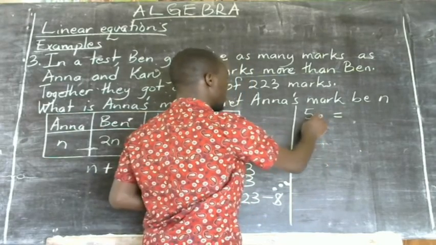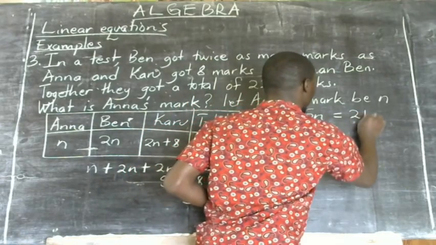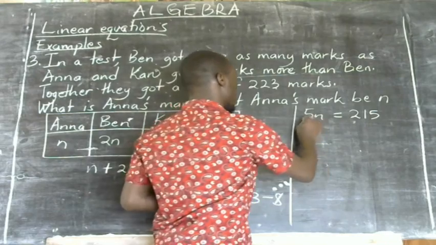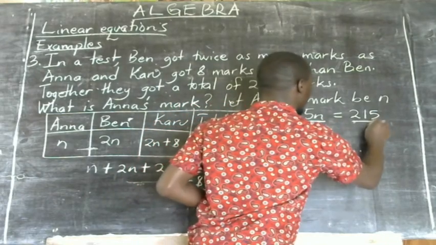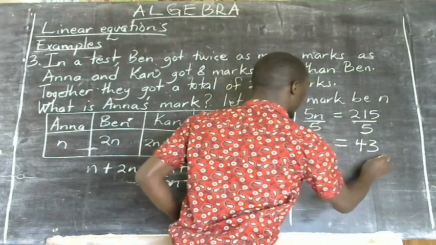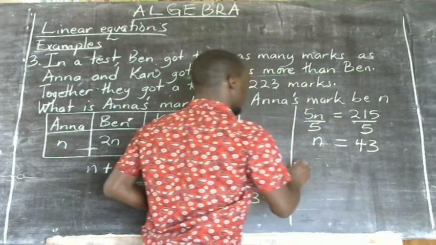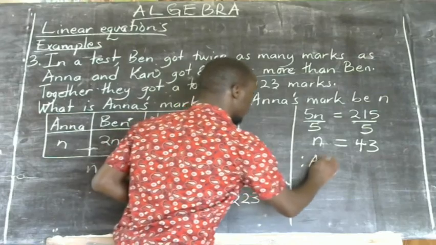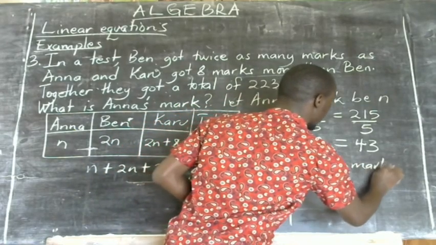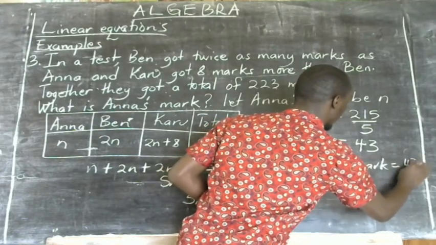So this is going to be 5n is equal to 215. Then I divide both sides by 5. My value of n is going to be 43. So Anna's mark is equal to 43.